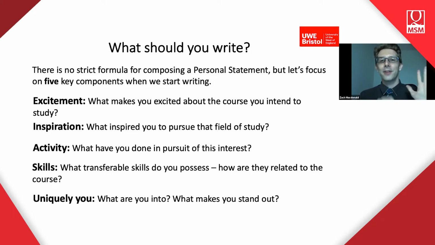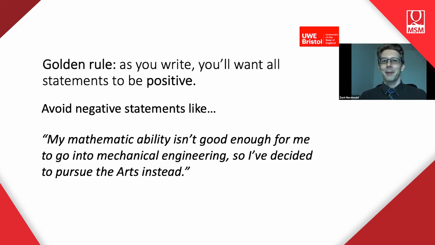So these are the 5 key components that we want students to write about in their personal statement. So let's look at each of them in detail so it's very clear what I'm talking about. Before we do that, the golden rule is, as you write, you're going to want all of your statements to be positive.